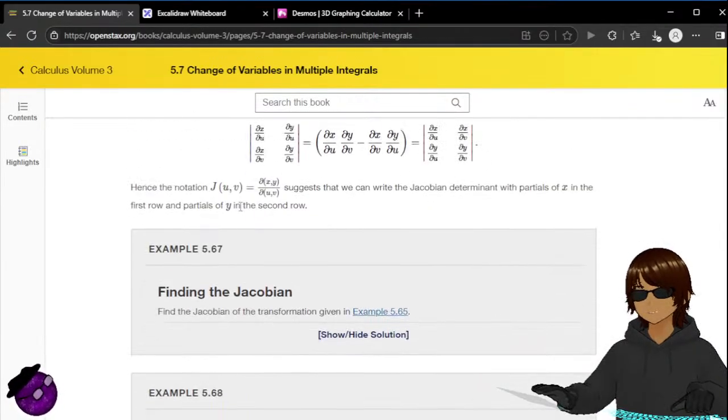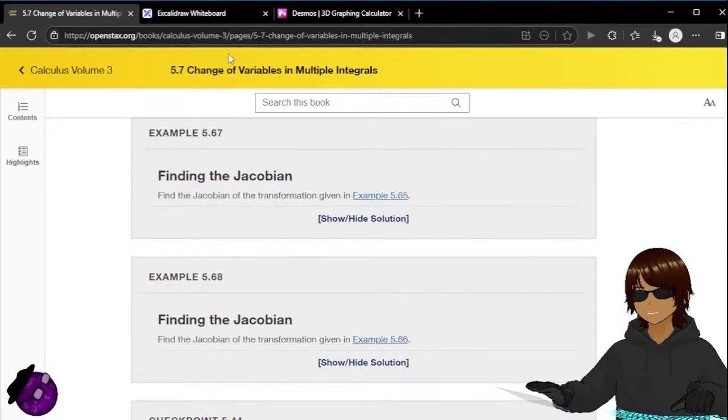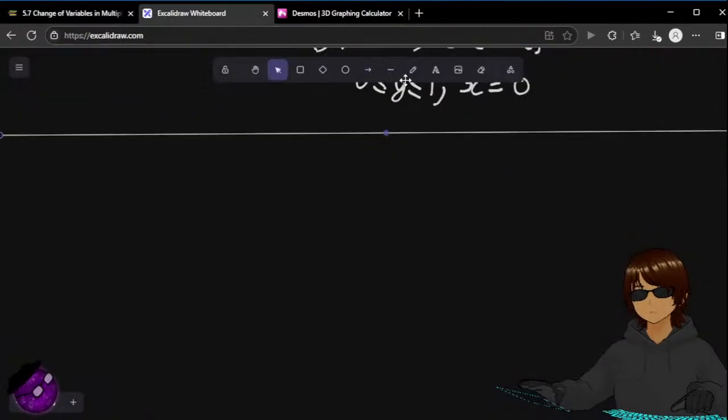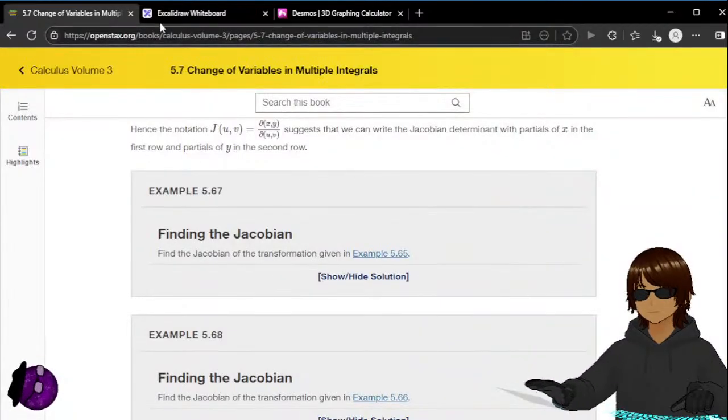How do I find the Jacobian? Okay, let's just try it. I do not understand it, but let's just try it. I don't understand the derivation. I think when the derivation is confusing, everything else becomes confusing.